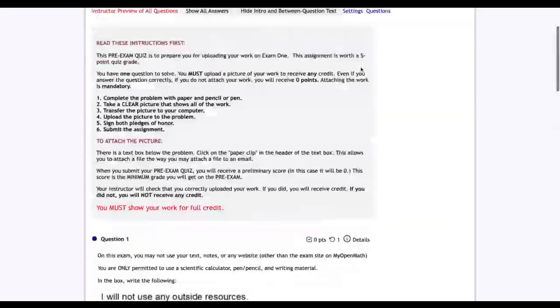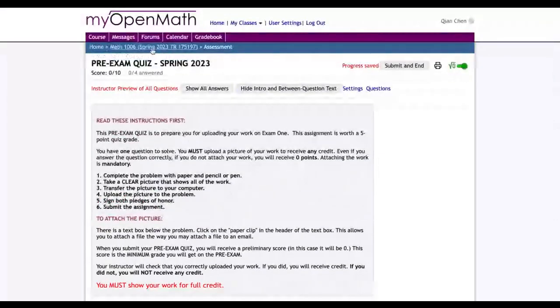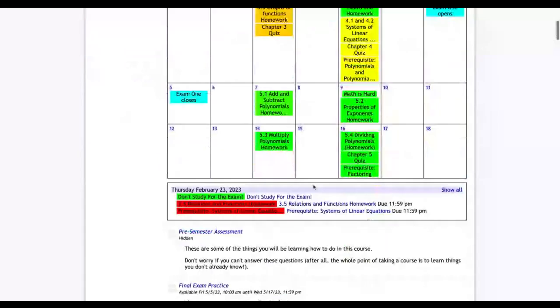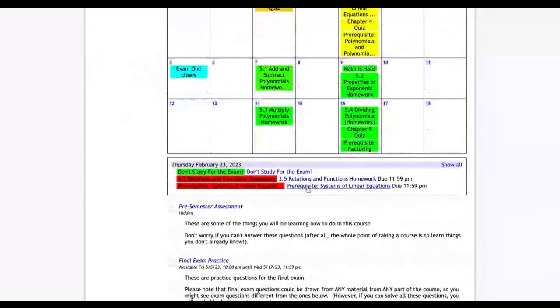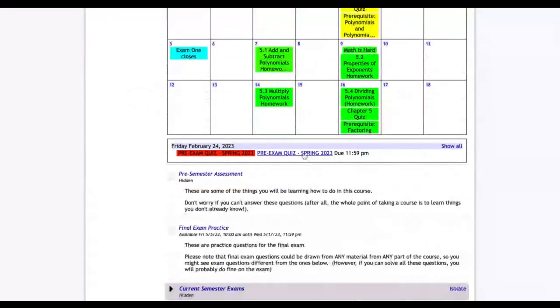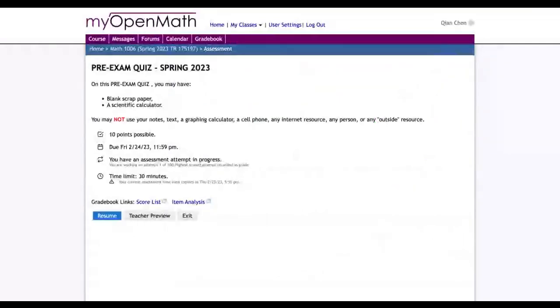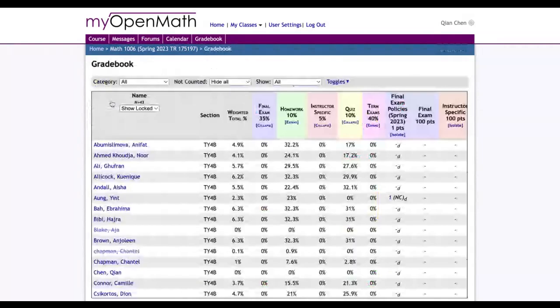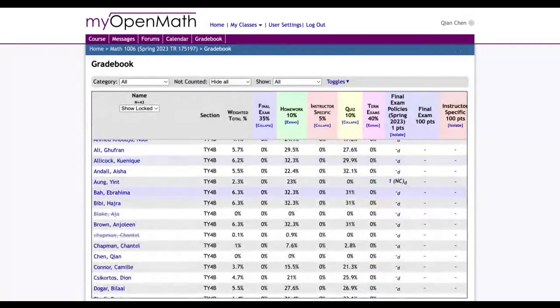That's right. Let me see. Let me just go back. So if I go to, let me just check it. Oh no, I have to go to grades. I have to go to grade book. Let's see, quiz.